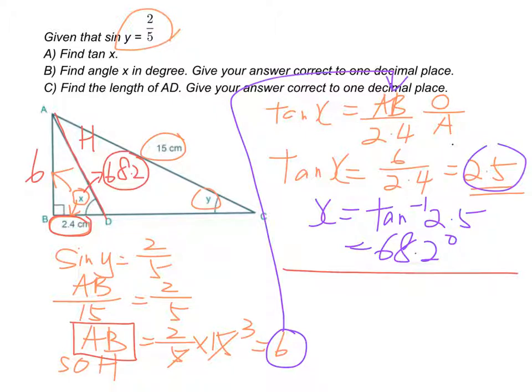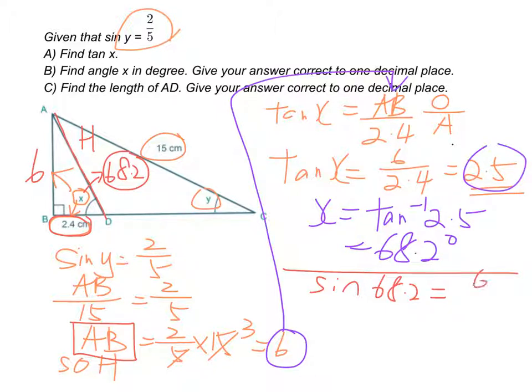We can actually use sine or cos to find AD, or we can even use Pythagoras theorem. Now let's say I use sine. So sine of angle x, 68.2 degrees, and sine is opposite over hypotenuse.